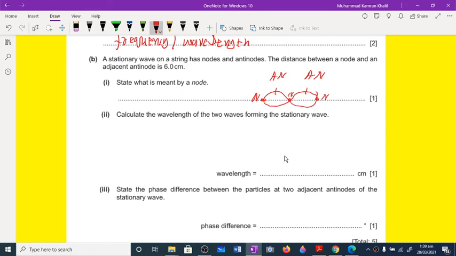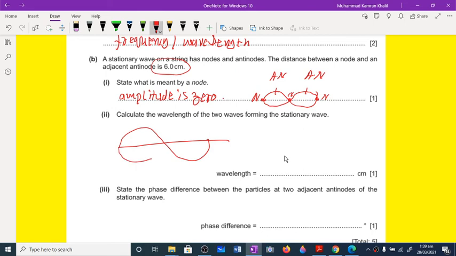The point on the wave where the amplitude is 0. Again, a wrong answer written by many candidates is that they used the term zero displacement, which is wrong.